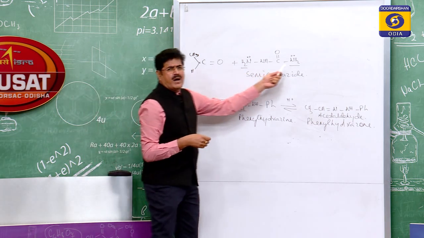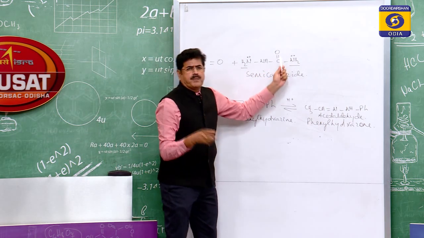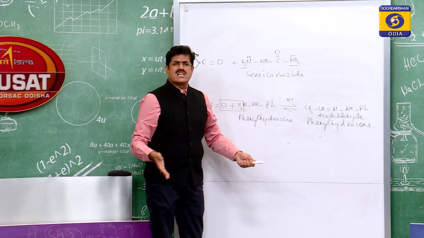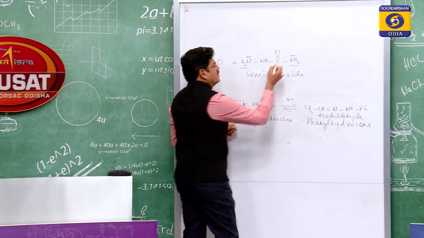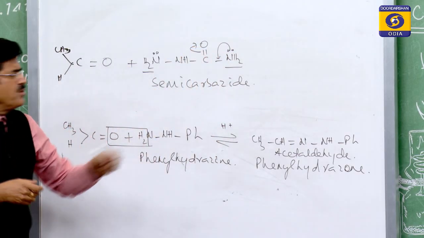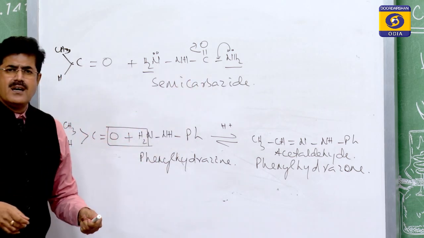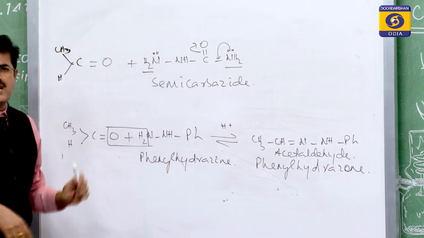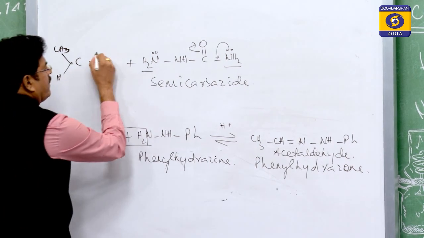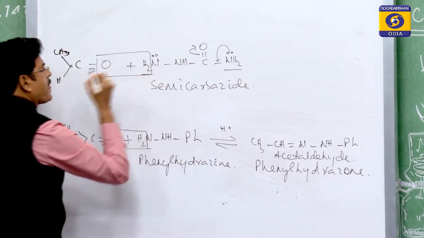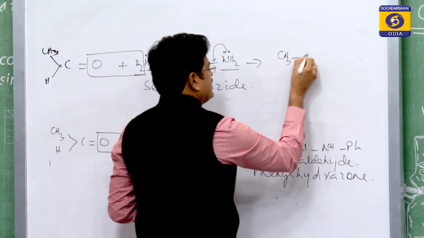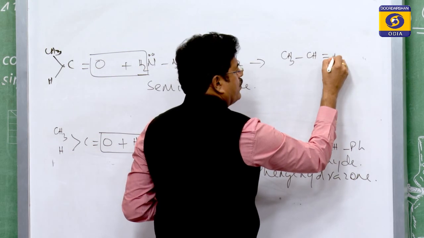Why not this NH2? Why can't it be nucleophilic? Because its lone pair is delocalized through resonance here. So this NH2 is less nucleophilic, as its lone pair is delocalized through resonance. Hence, I am using this NH2 as the nucleophile, so it can attack, resulting in acetaldehyde semicarbazone.